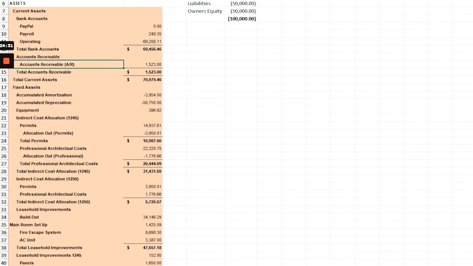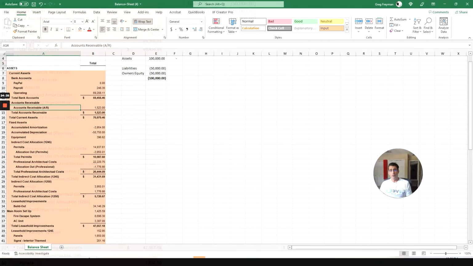These are things you own, right? Same with the receivables. It's money that people owe you. It's probably a good time now to talk about cash versus accrual basis of accounting as well. When we're dealing with accounts receivable, that's really an accrual basis of accounting.